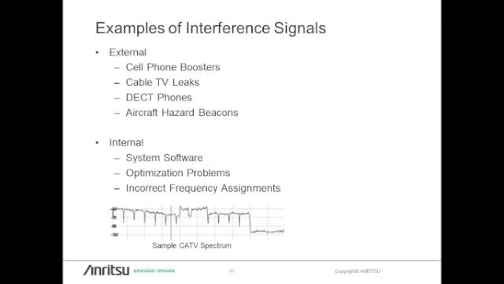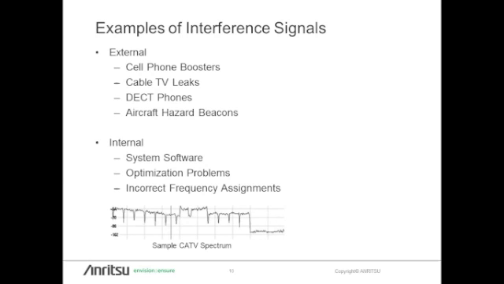So what I'll do is talk about some examples of interference signals, and what I'm going to talk about are the most prevalent interferers. When I talk to technicians that do interference hunting for a living, they say, at least in the North American system, that these are the most prevalent.